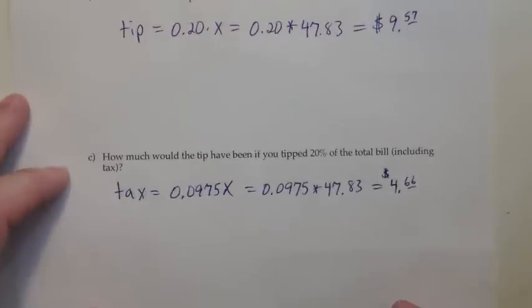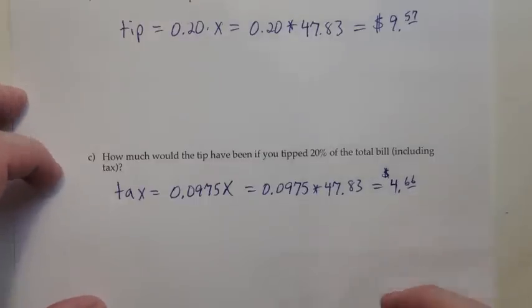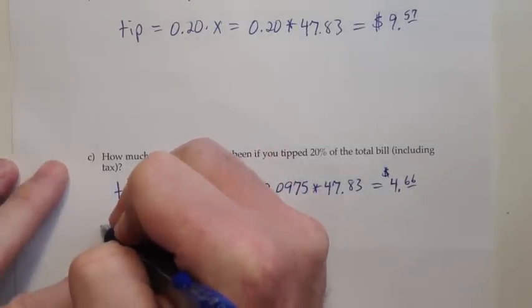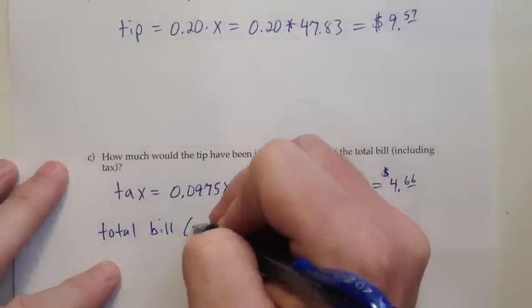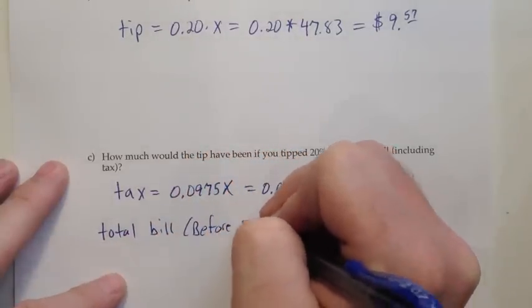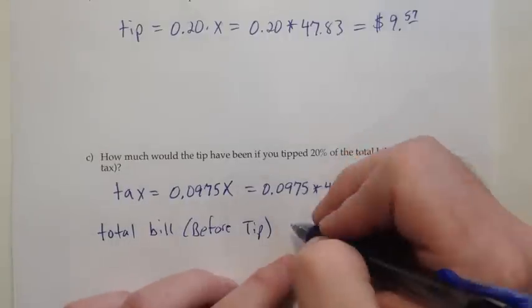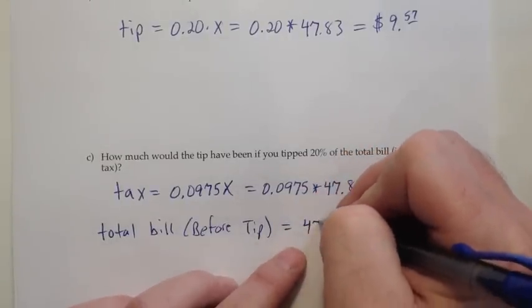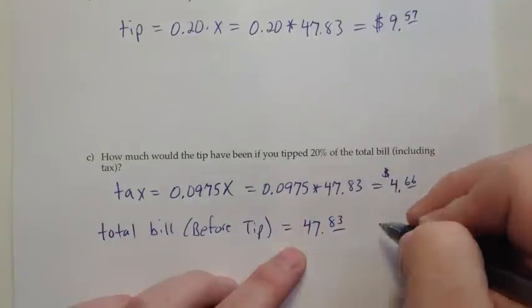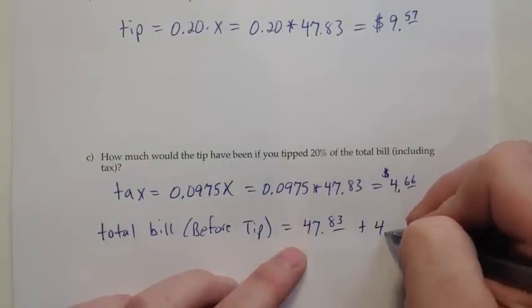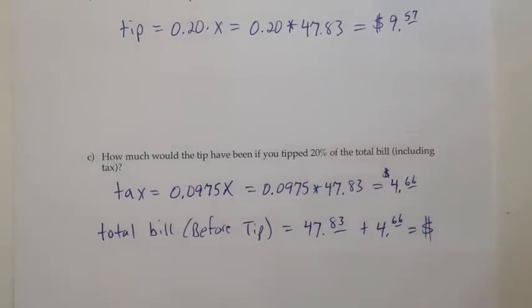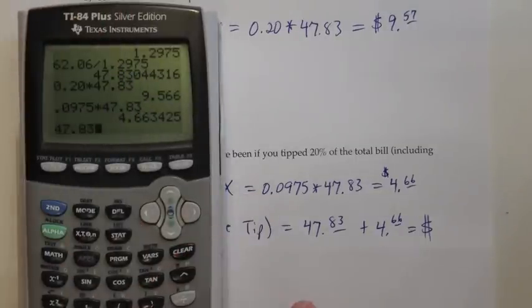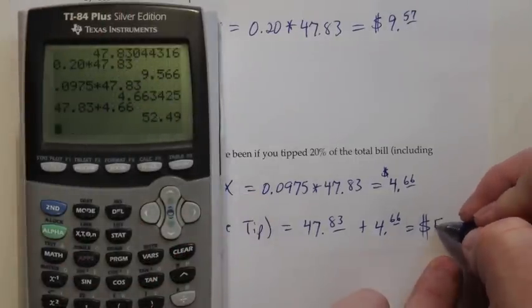That would have been the pre-tax amount plus the tax, but not our tip yet. So the total on the bill before tip would have been the amount of the food, $47.83, plus the tax, $4.66, and let's add that up and see what the bill said. $52.49.